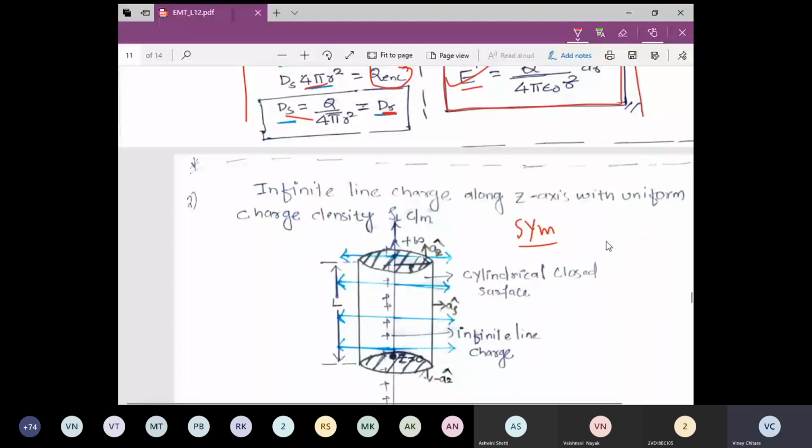Is it a function of z? No, sir. Is it a function of phi? No, sir. Because as we discussed, as you move up and down, the problem remains the same, and if you move round and round, the problem remains the same.